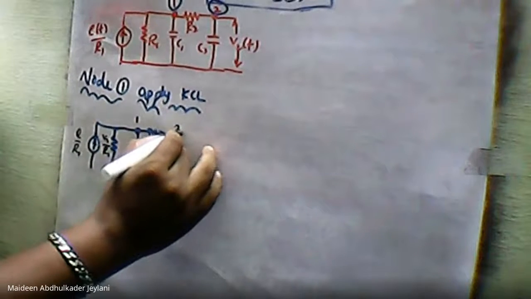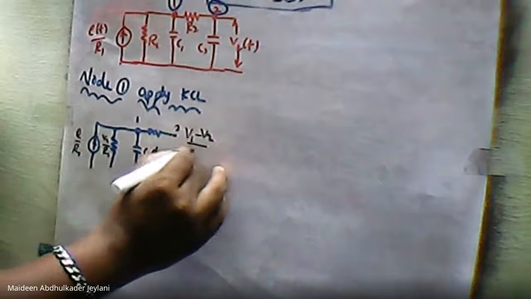Clear? So here I have R2, right? But R2 is common for both node 1 and node 2. So I can write this R2 equation as V1 minus V2 divided by R2.